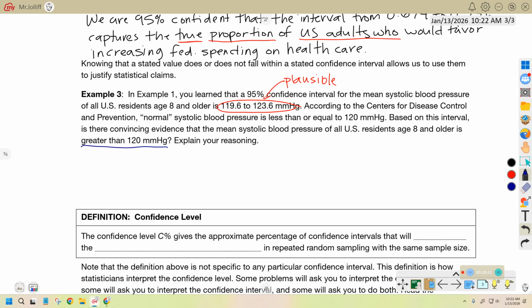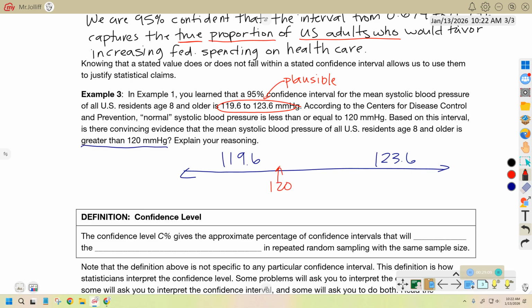The question is, how do I decide? So if I look at that interval, 119.6, 123.6, and I look at that on a number line, where does 120 fall? It's on the left, but is it less than 119 or greater than 119? Greater.